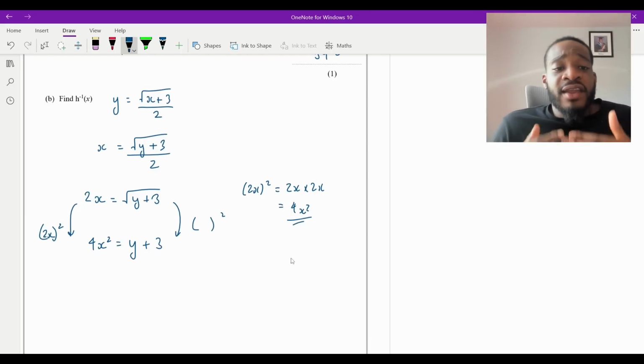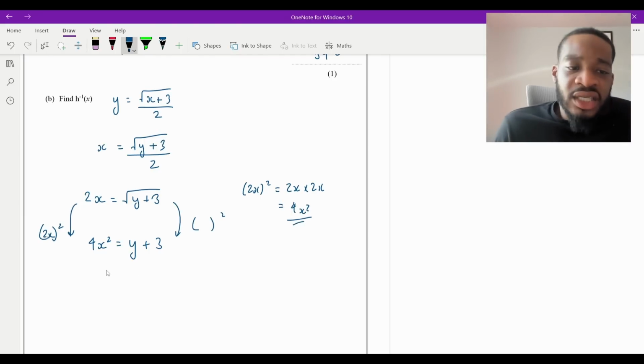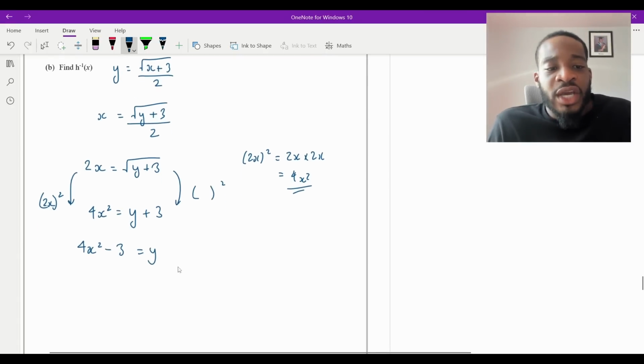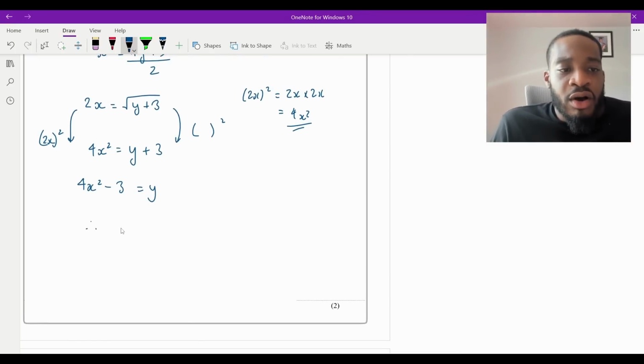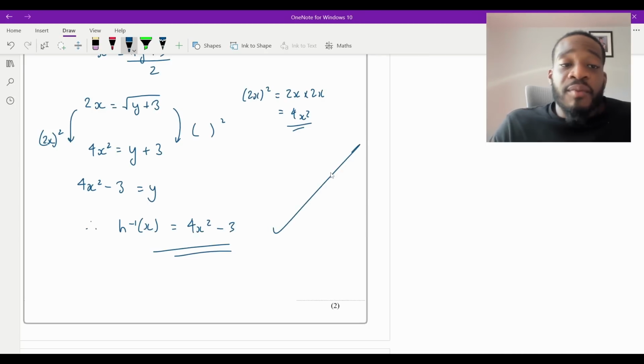Now, remember, we're trying to find the inverse, so we need to make y the subject. We just need to take 3 away. So it's going to be 4x squared, take away 3, and this is equal to y. Now y is the subject. We can replace y with the inverse of h. So therefore, your answer is h to the minus 1 of x, the inverse of h, is going to be 4x squared take away 3. And that is it for part B.